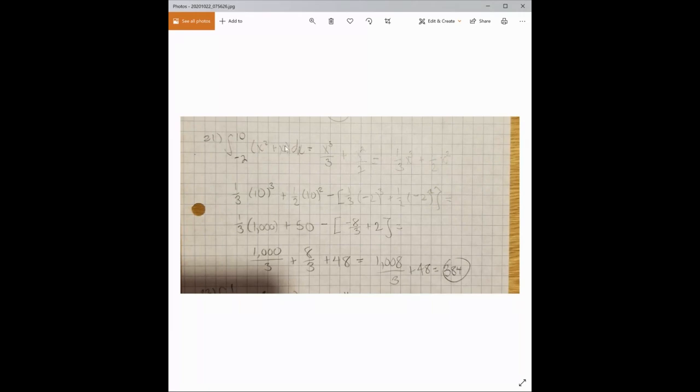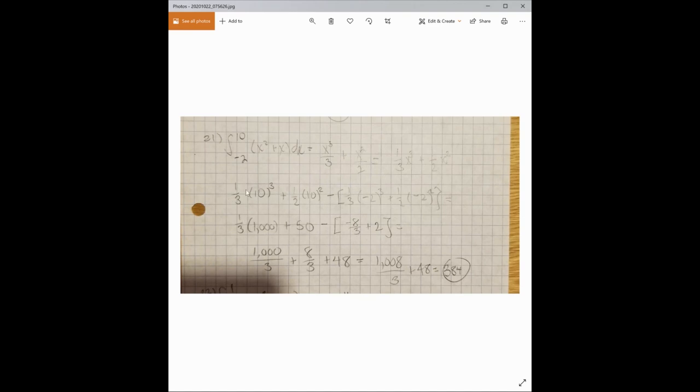And since there's a 1 here, n plus 1 is 2, divided by 2. So 1/3 x cubed plus 1/2 x squared. And then, as we were talking about, we evaluate at 10 and then subtract the evaluation at -2 for this antiderivative.